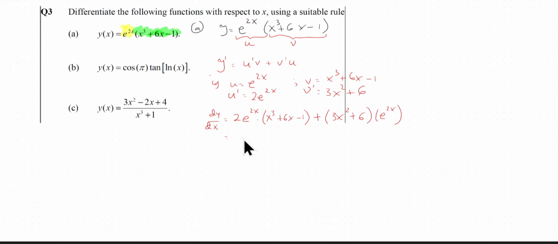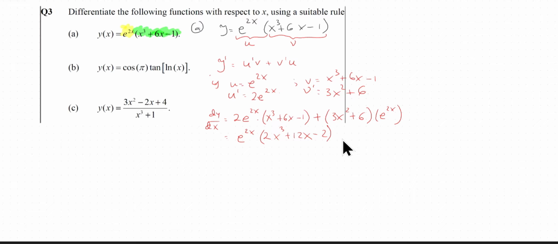The next thing is simply simplifying the expression. I think one of the common terms between this and this will be e to the 2x, and then the rest is just multiply everything inside. So for example, 2 becomes 2x cubed plus 12x minus 2.